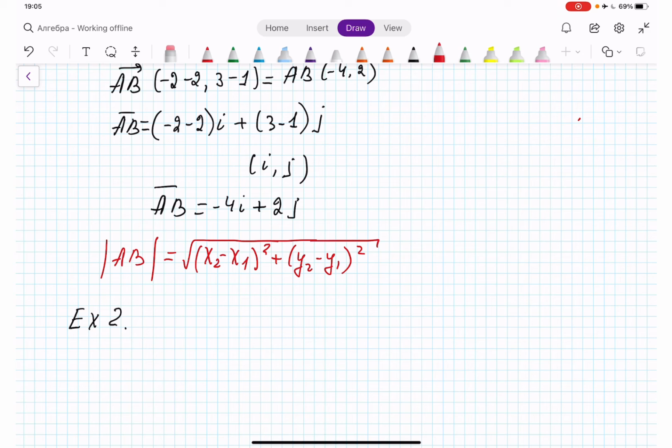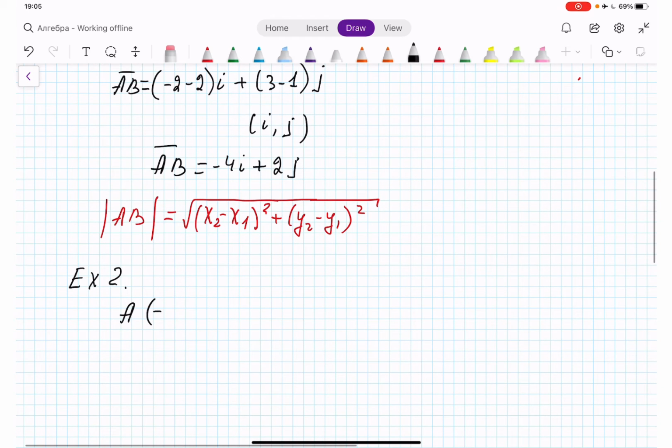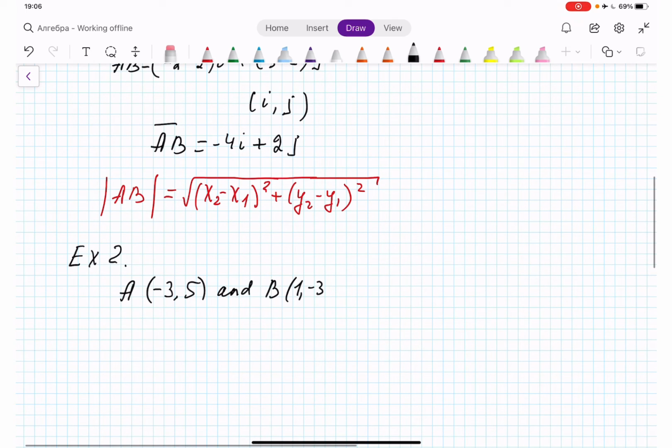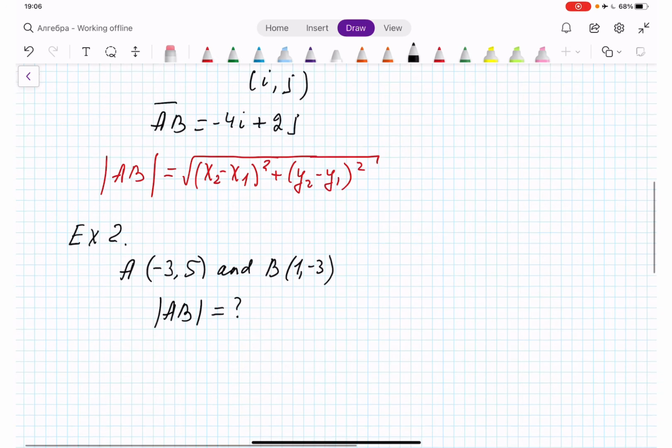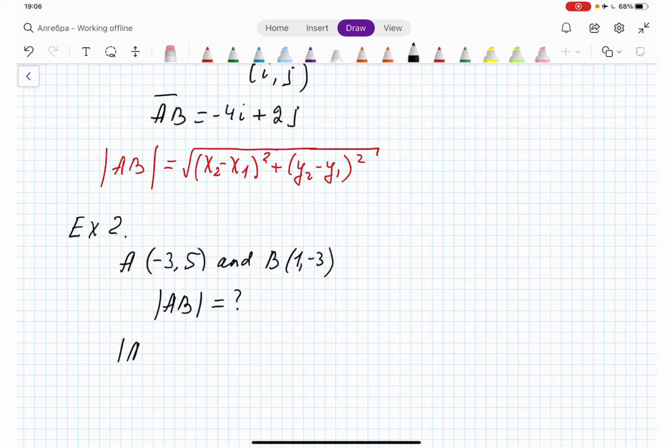Points: A with coordinates negative 3, 5, and point B with coordinates 1 and negative 3. We need to find the length of vector AB, the magnitude.